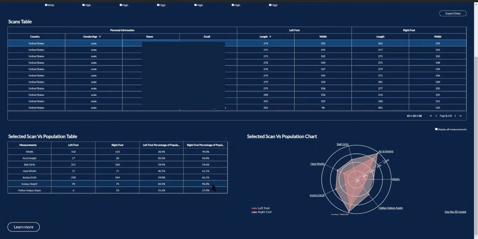And I can see that the instep height is really high, like the right foot is at the 96th percentile, and those percentiles are visualized in this radar chart as well. So we can see that the arch height and the instep height are far from the 50th percentile, so from the mean value. And we can even visualize the scan by clicking see the 3D model.